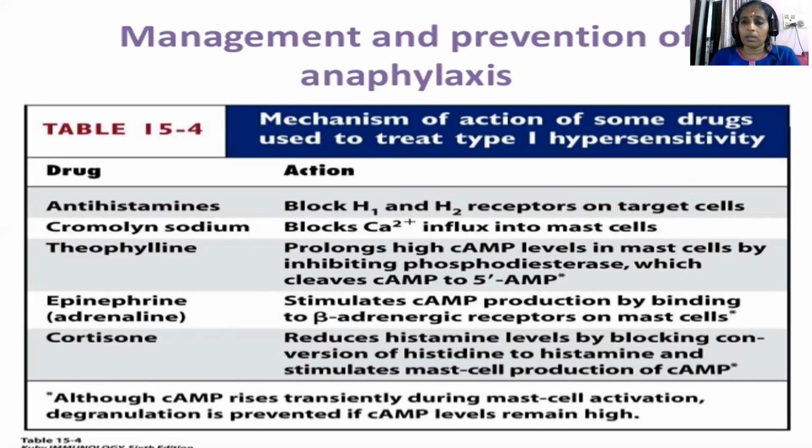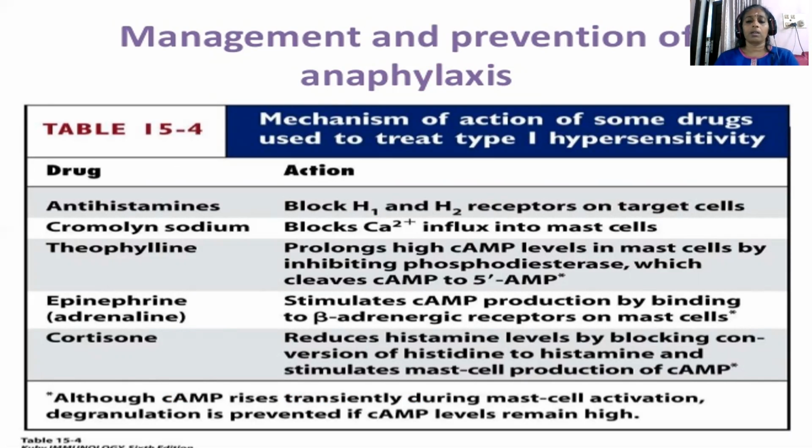So how can we manage this anaphylaxis reaction? Sometimes antihistamines that block the H1 and H2 receptors on the target cells. Next is cromolyn sodium, that blocks calcium influx into mast cells.